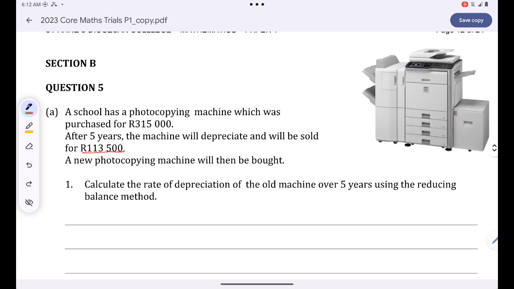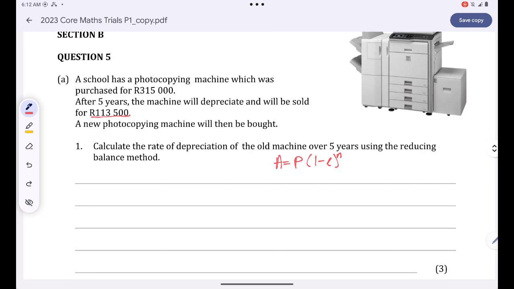For us to use the reducing balance method, this is the equation we are going to use: A is equal to P multiplied by (1 minus i) all raised to the power n. Are you together? The value of A will be the value of the machine after 5 years.